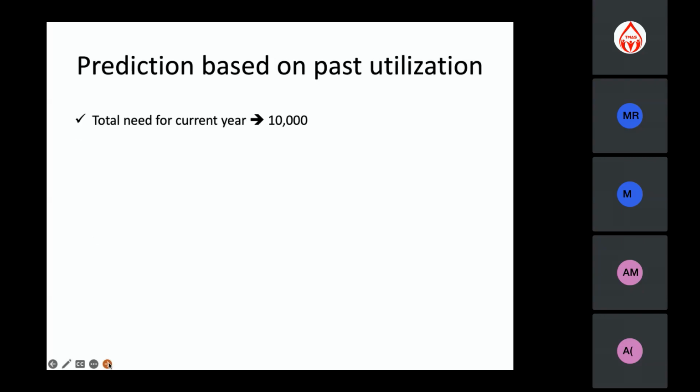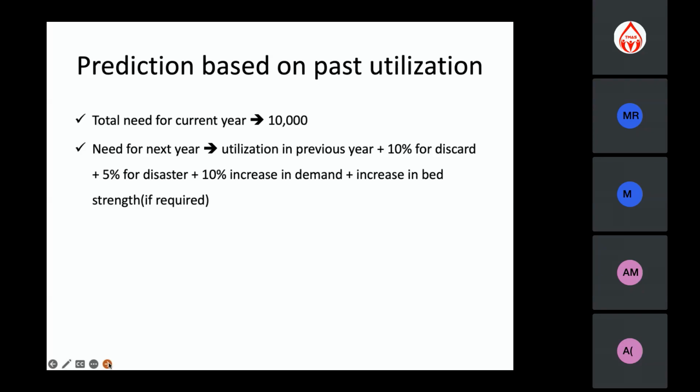We can also use a prediction based on past utilization to improve our blood estimation. For example, in a center where the blood requirement in the current year was 10,000, we can use the prediction to estimate the future requirements. It is the utilization in the previous year plus 10% for discard, 5% for anticipated disaster, and 10% for increasing demand.